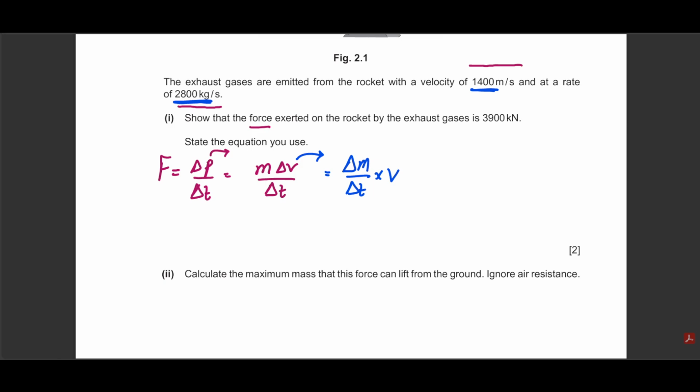Now notice, why am I writing mass and time separately? Because I can see that kilograms per second, which is mass in kilograms divided by time in seconds, is given to me already. That's why I'm using it separately.